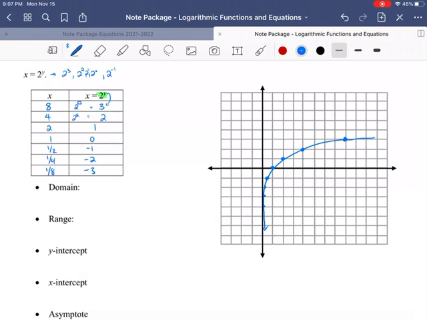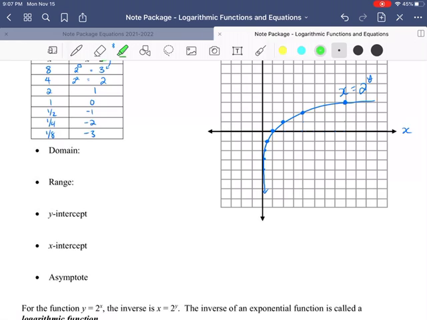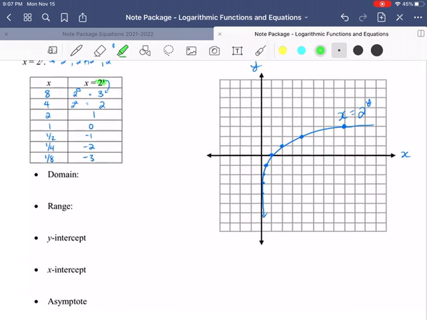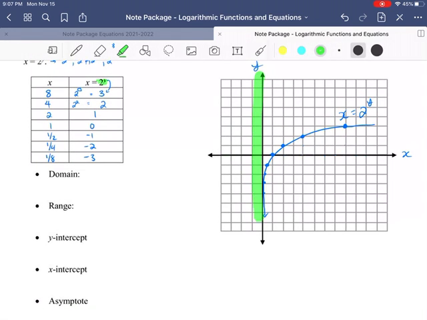Well, what do you notice about this graph? Well, it kind of looks similar to the other one, but just a little different. Okay, so this is a graph of x equals 2 to the exponent y. This is our y-axis. This is our x-axis. So the domain, first of all, let's talk about the asymptote. There's a vertical asymptote at the y-axis.